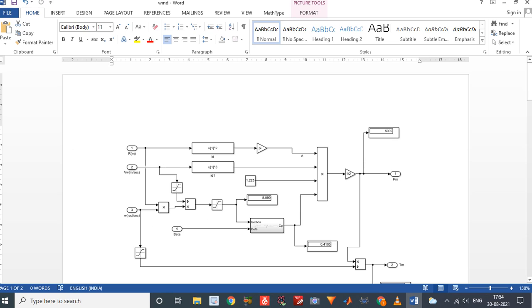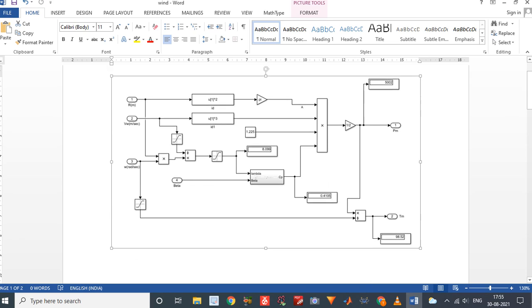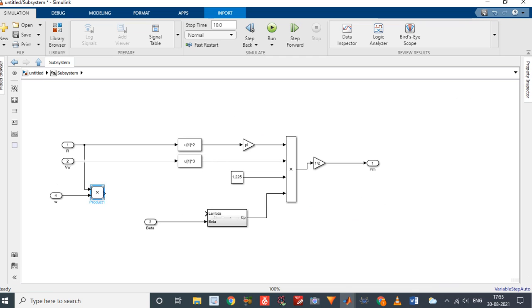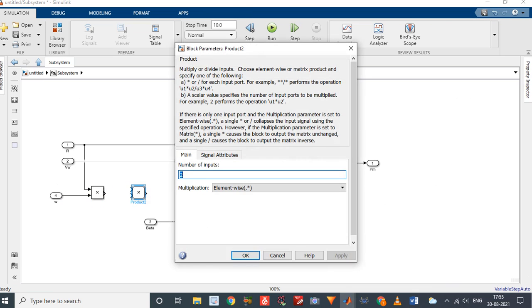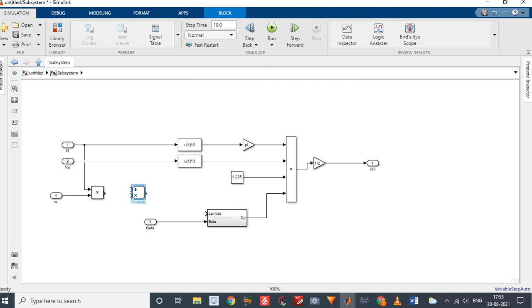And then we have to go for a divider block. Apply, and then I have to connect this with this.